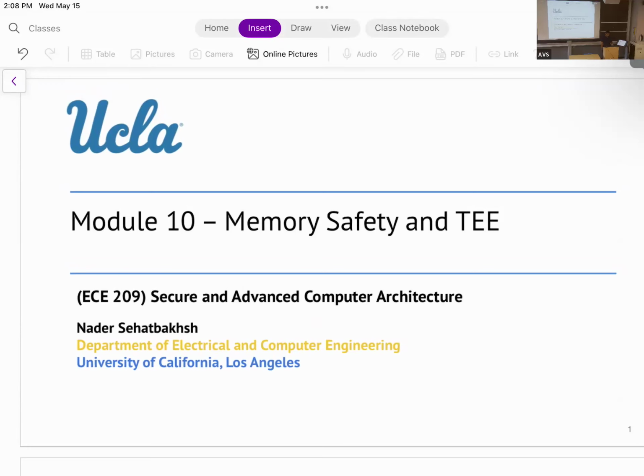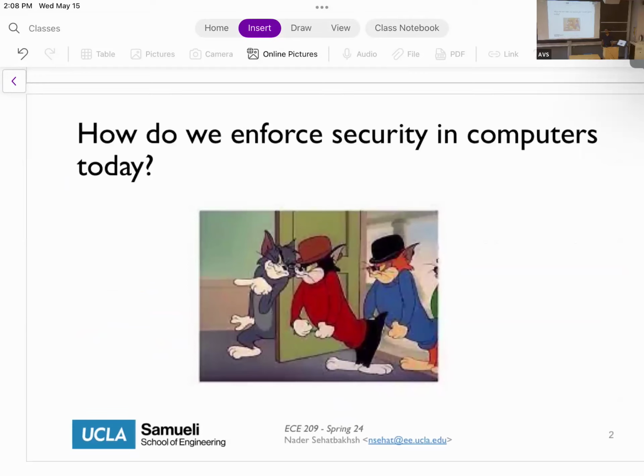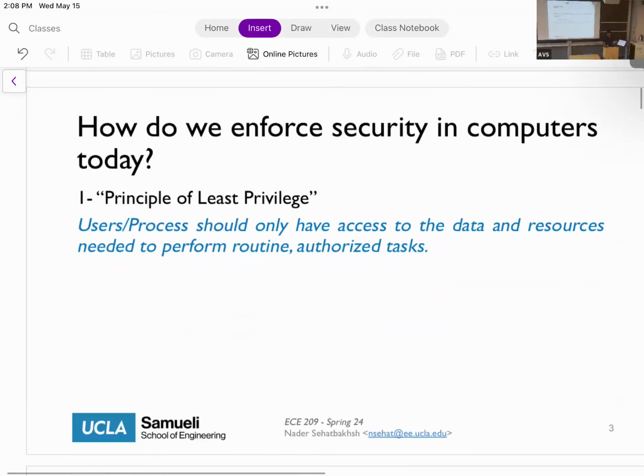Anyway, so let's talk about two important things that are relevant to the stories that we said so far. If you remember when we were talking about side channels and microarchitectural side channels, we said that we already have systems in place to make it secure. These are the main ways to protect our system.